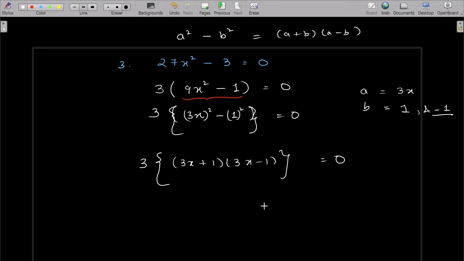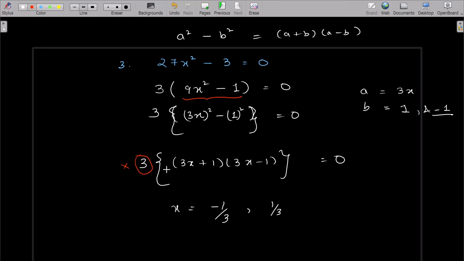And what will be the solutions then? Negative one third and positive one third. These are the two solutions. And this 3 that we factored out is irrelevant in determining the solutions.